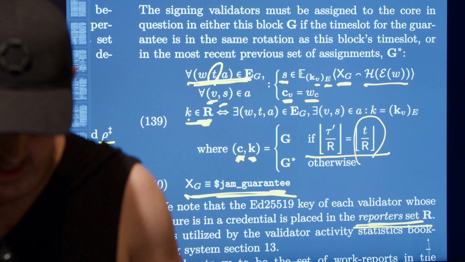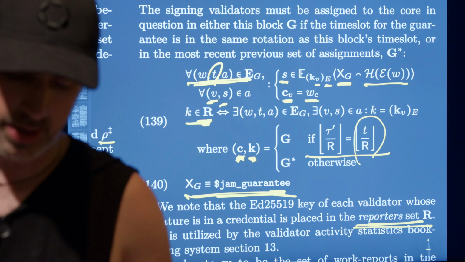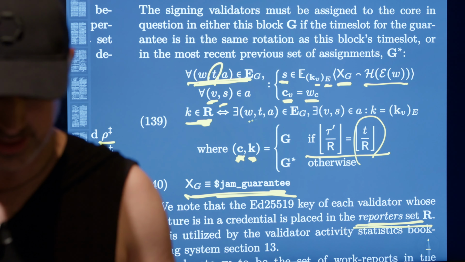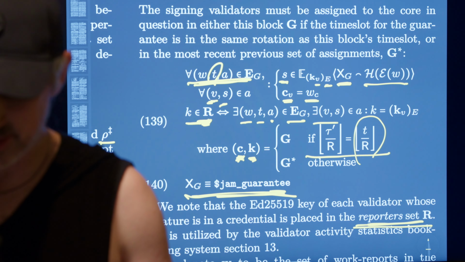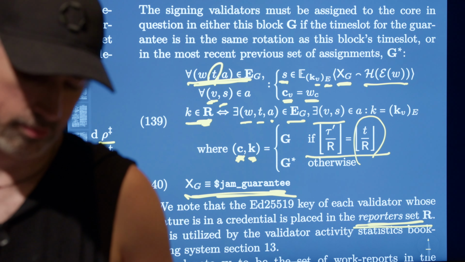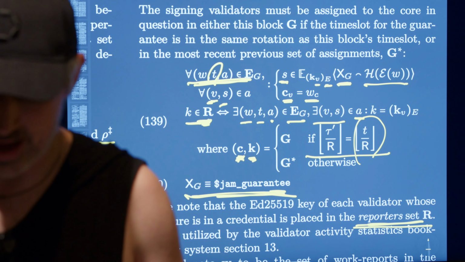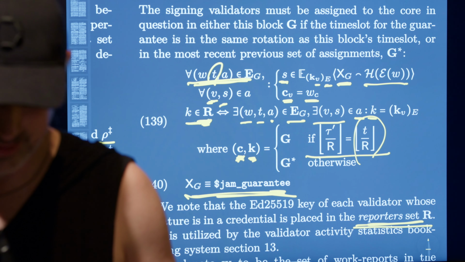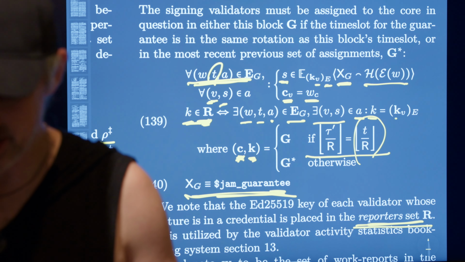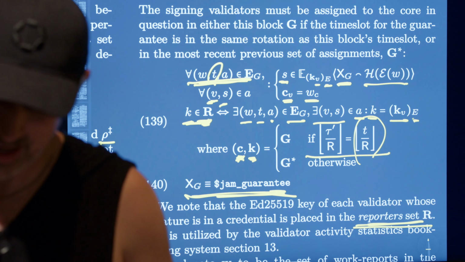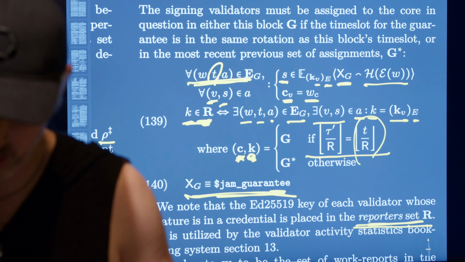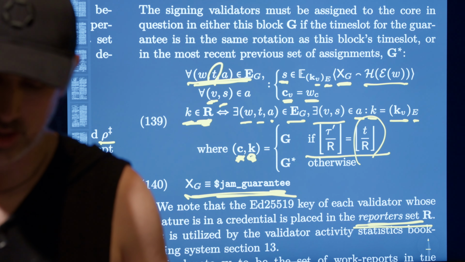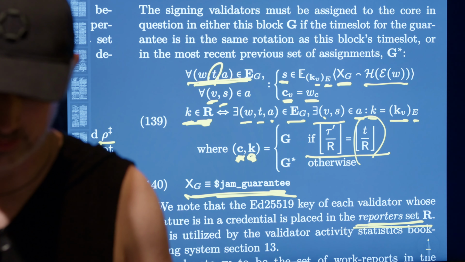All right, so a key being in R is implied by there existing some W, T, and A tuple in the guarantor's extrinsic, such that there exists a validator signature in A, such that K, the K that is in R or not, is equal to the Ed25519 key of our bold keys, which come from G or G star, subscripted by V, which comes from the validator index.